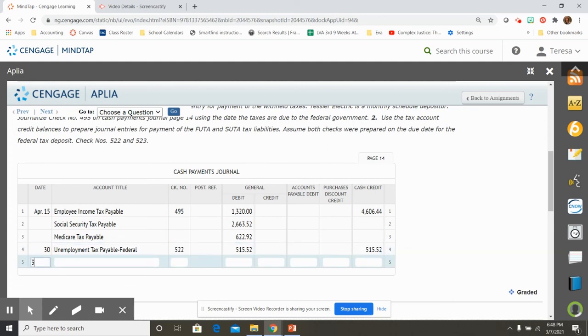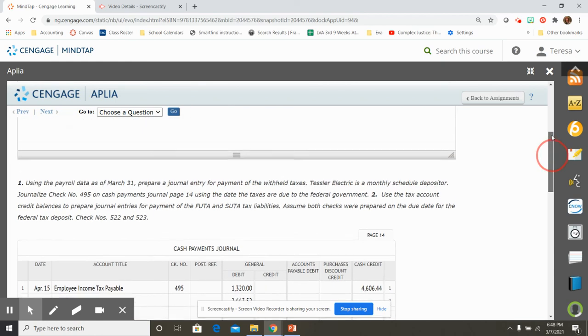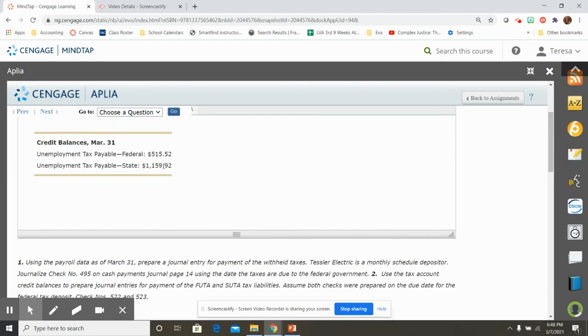And then the next one, respectively, is going to be unemployment tax payable state, and check number 523. I'm going to scroll up here, take a look at the balance of $1,159.92.